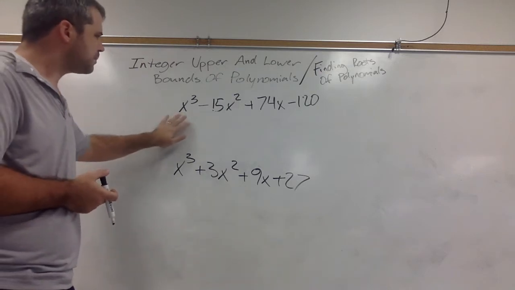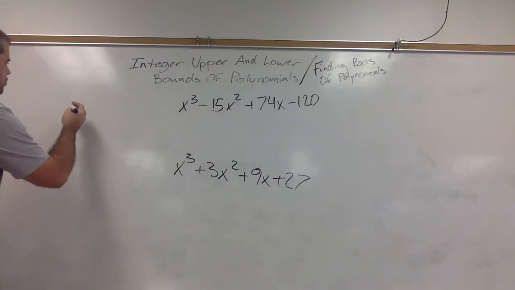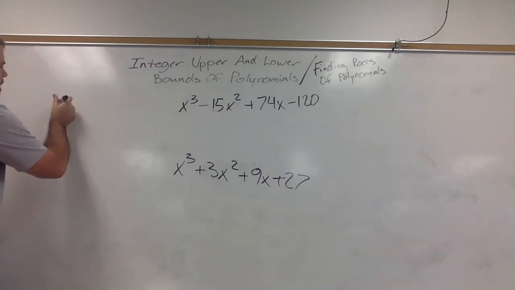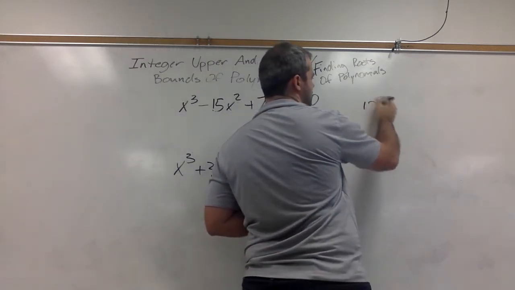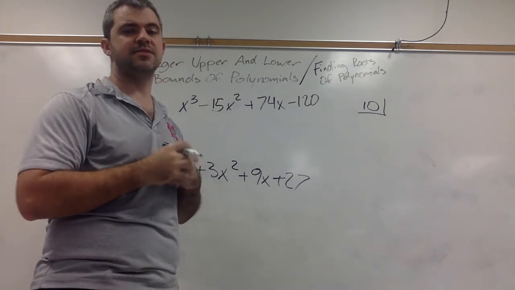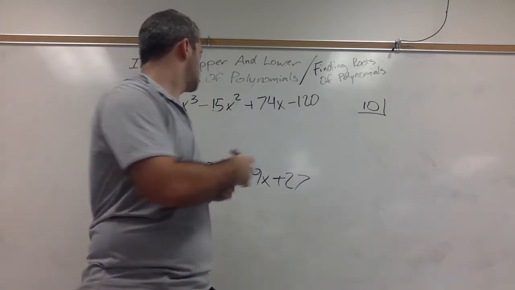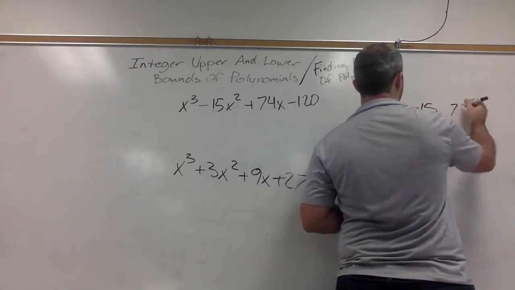So, for example, let's try out on the positive side, let's try out 10 to see if 10 is an upper bound. What I'm going to do is synthetic division on this root.